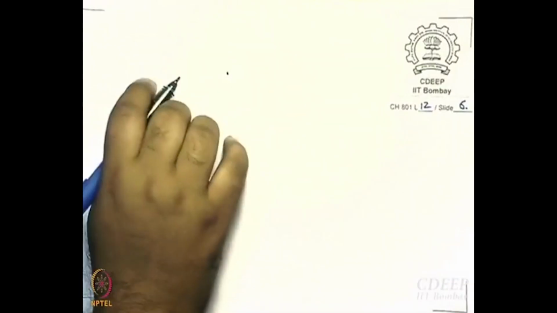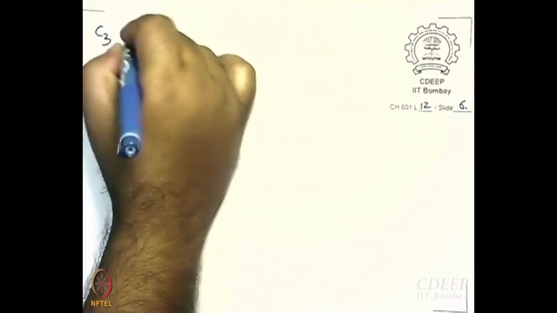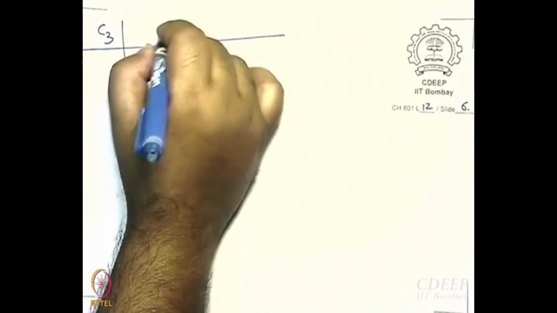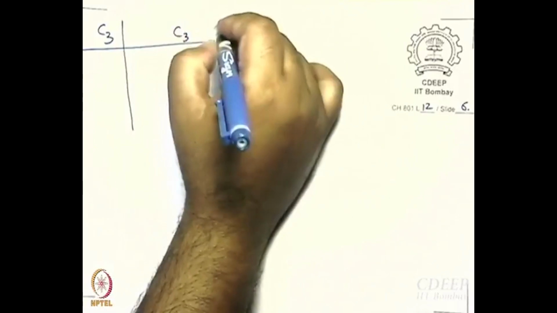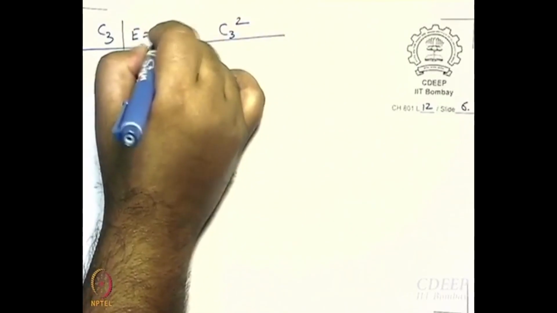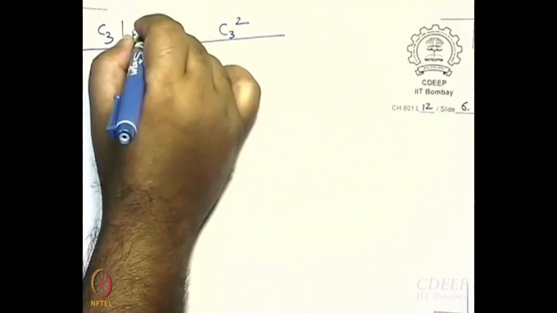Fine. So we have learned to work out C4. Now if I ask you to work out C4, you should be able to do it. If I ask you to work out C3, then also you should be able to do it. C3 is actually easier. What do I have? I have C3 operation, I have C3 square operation, and I have E, which is equal to C3 cube operation.